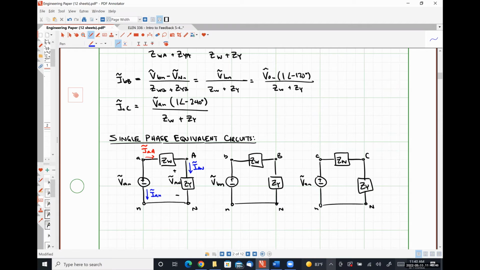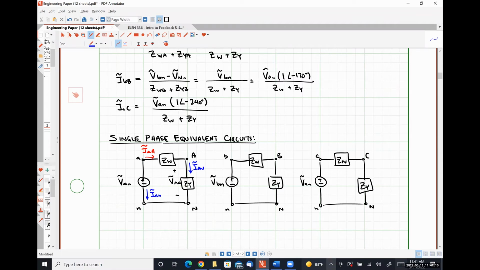The voltage drop across the transmission line terminals. Right, so our line current and line voltage definitions are a little different from each other, right? Line voltages are measured between transmission line terminals. Line currents are measured as the current flowing through the transmission line itself. Those are two different things, yeah.